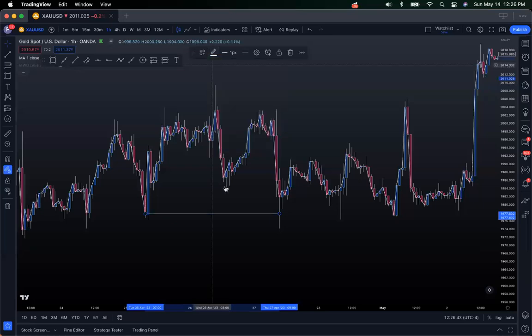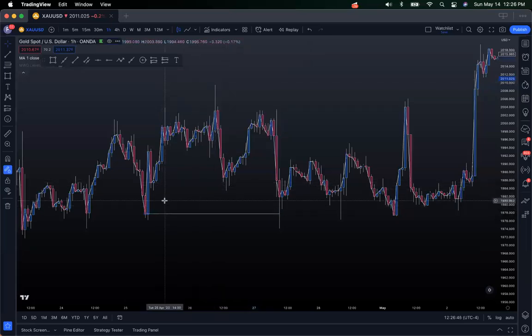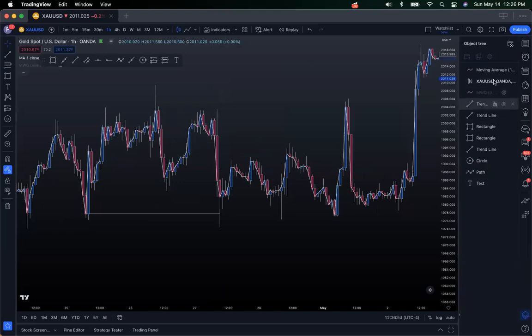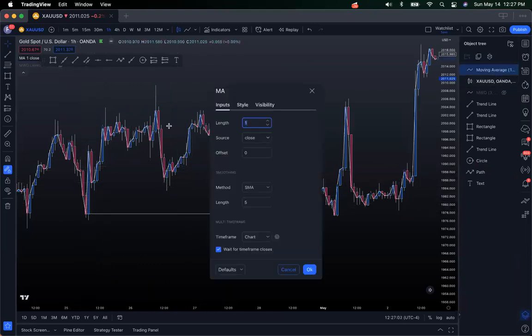Also, I forgot to mention, I don't know if you have it set up on your chart already, but I don't know if you use MT4 or TradingView, go and add a moving average onto your chart with the length of 1 and put it at the close.